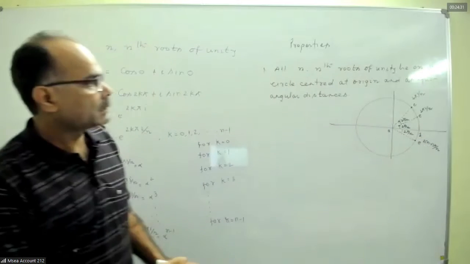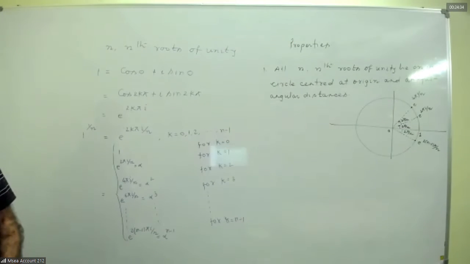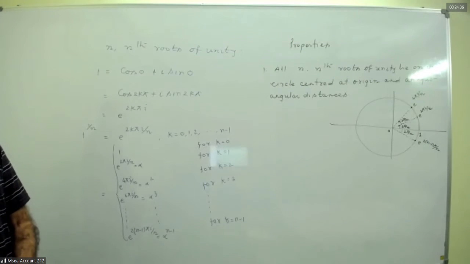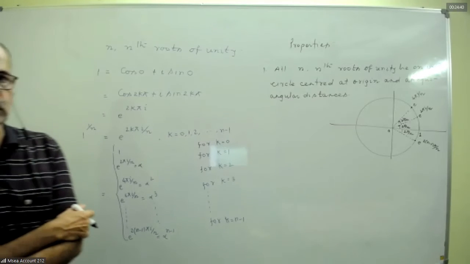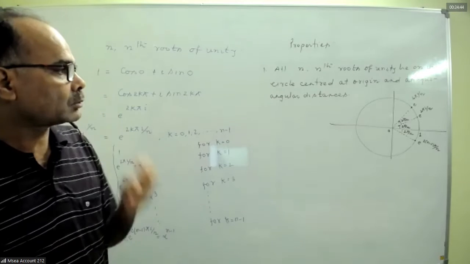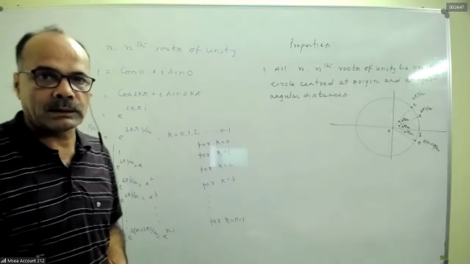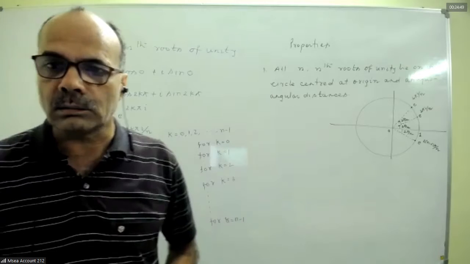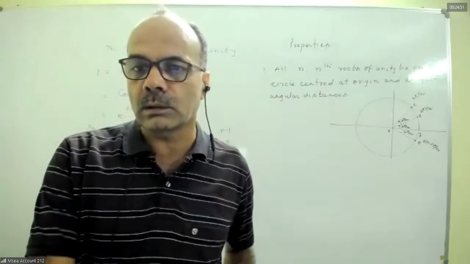Since the magnitude of all these complex numbers is 1, they lie on the unit circle centered at origin. And the arguments are 2 pi by n, 4 pi by n, 6 pi by n. So they lie at equiangular distances.